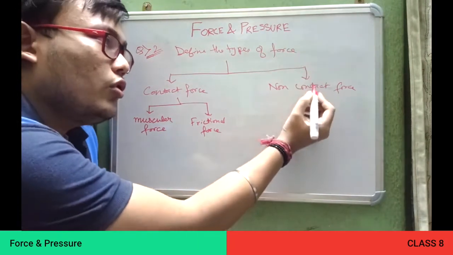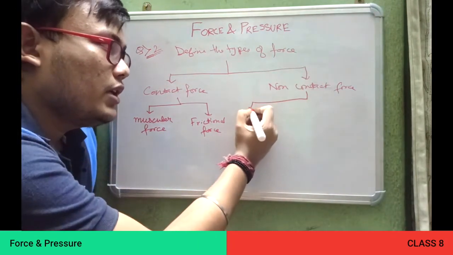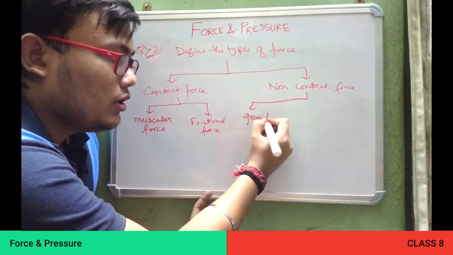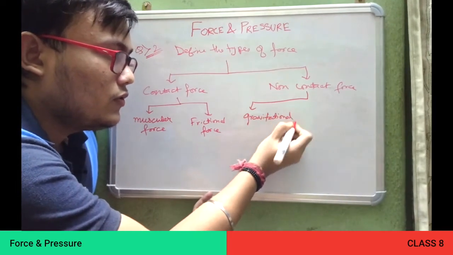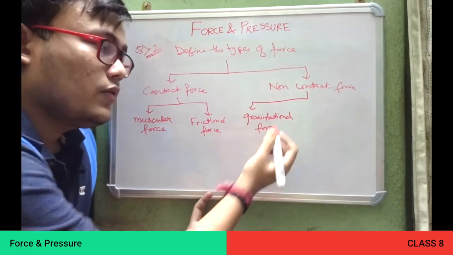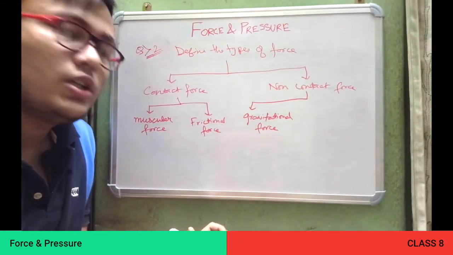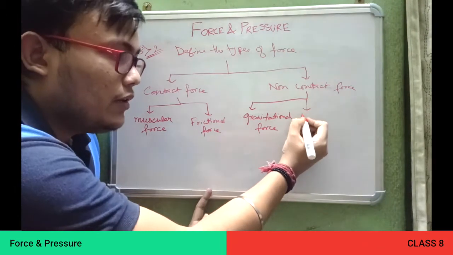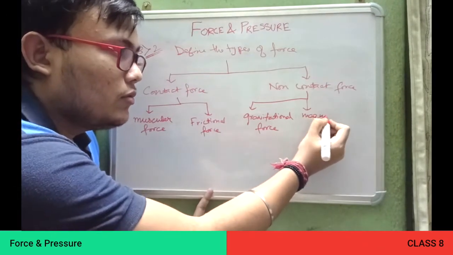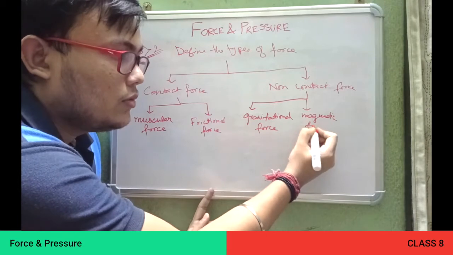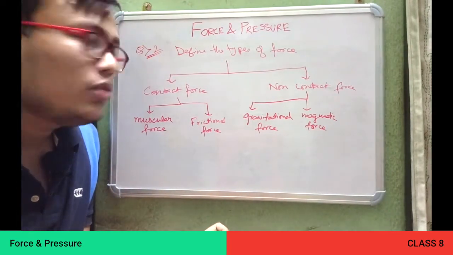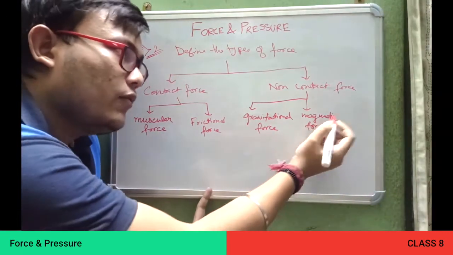Now, non-contact force can be further classified into gravitational force. Gravitational force is a force with which every object is pulled towards the center of the earth. And magnetic force, for example, when the iron pins are attracted towards a magnet, it is the magnetic force.